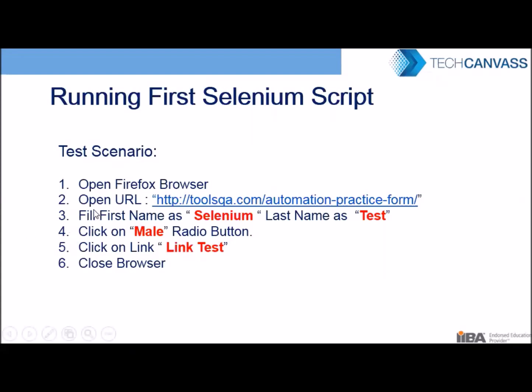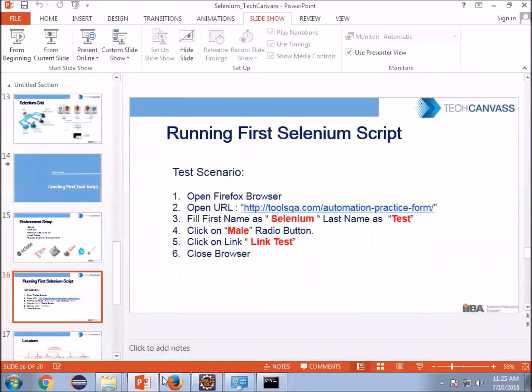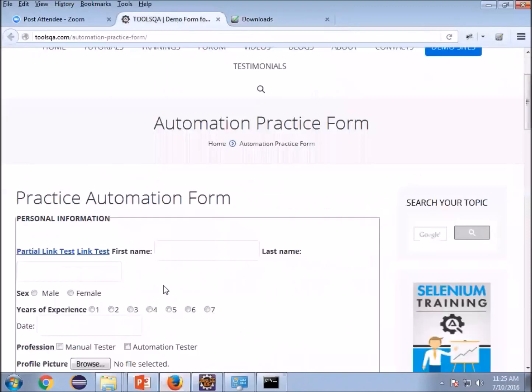So the scenario is to open Firefox automatically. Everything will be done using the script. We will not be interacting with the browser at any time. So simple. I will show you this page first, what exactly it is. This is the page, if you see the URL.